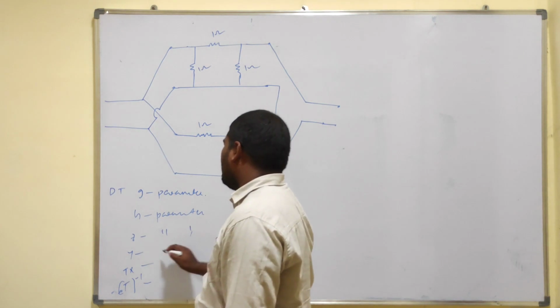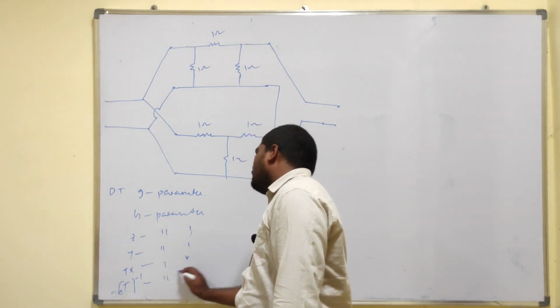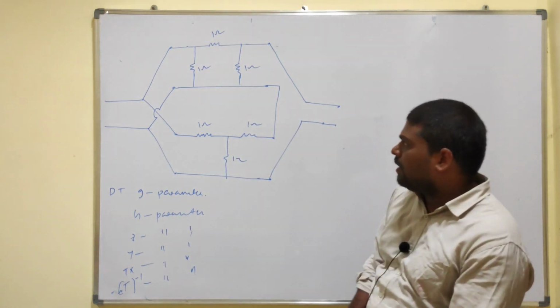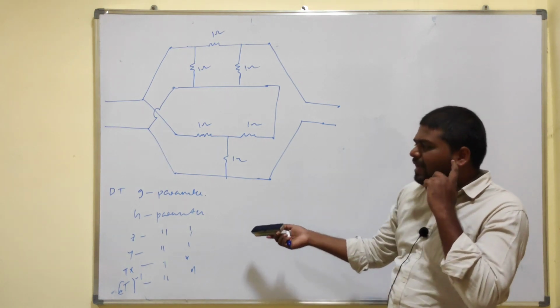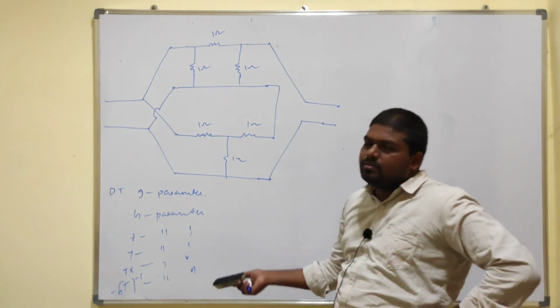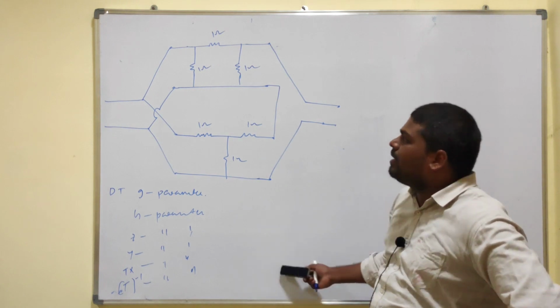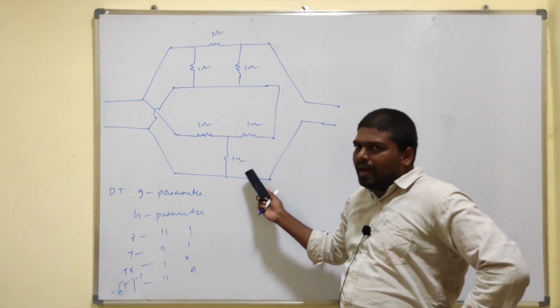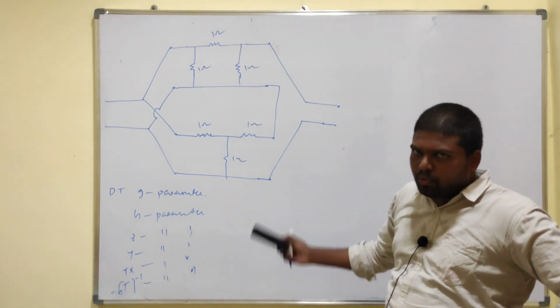You should find out Z parameters, H parameters, Y, transmission, inverse transmission parameters for a given parallel to series interconnection of two-port network.